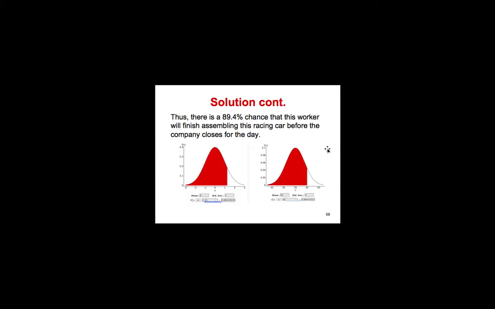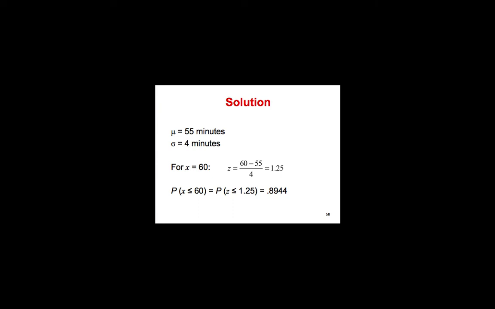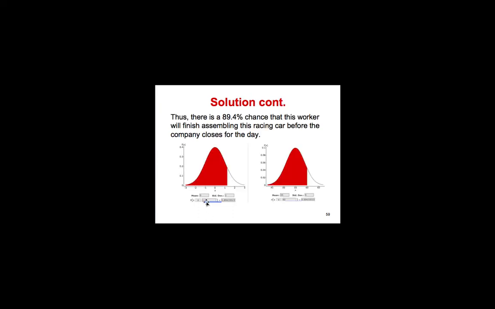So I have two screenshots to share with you. The screenshot on the left is where I enter the z-score. The z-score was 1.25, so I entered the probability that z would be less than 1.25, and we come up with this 89.4% probability.